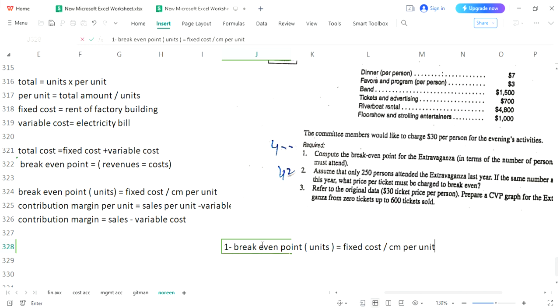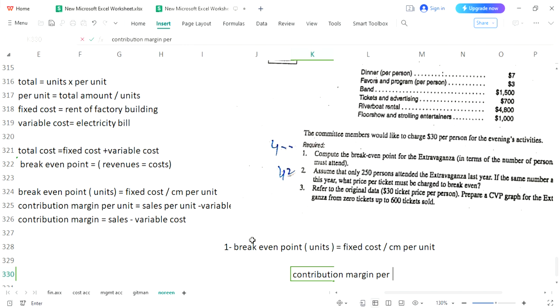Okay, so there are two elements needed to calculate break-even point in terms of unit. Here we will be calculating our CM per unit. Okay, we can come up over here as well. CM, or we should write complete contribution margin per unit.